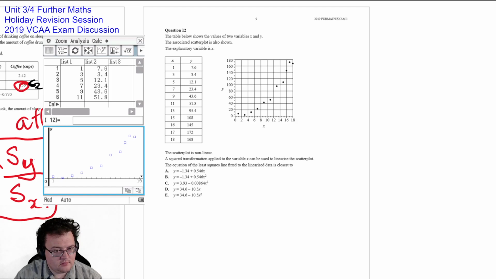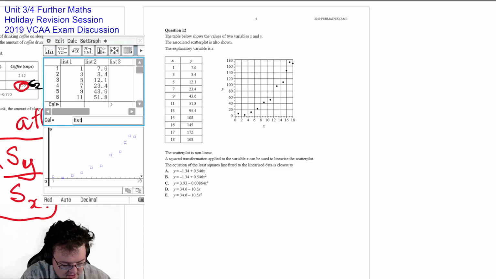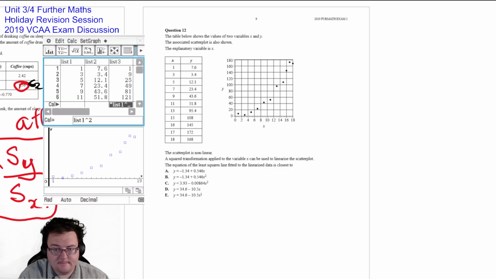So what are we going to do to it? A squared transformation applied to x. We go down into this calc menu and take list 1 squared. It's going to put all of these numbers in as squared numbers.